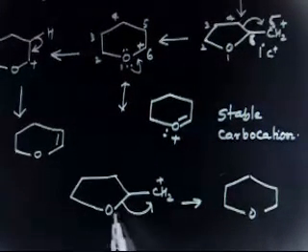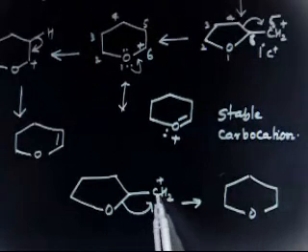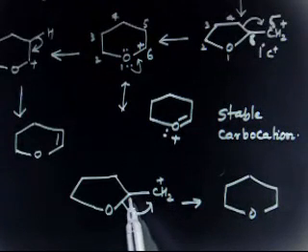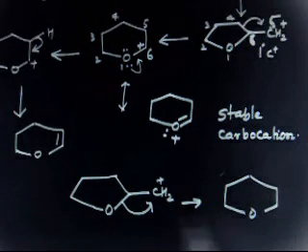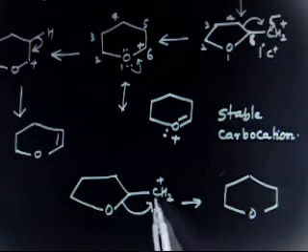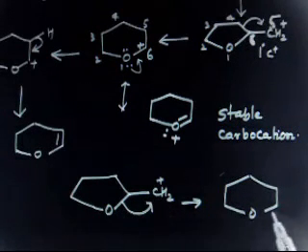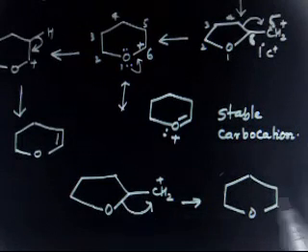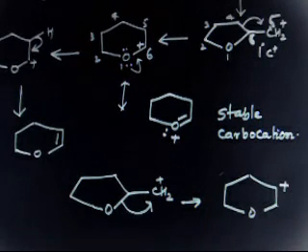Now this oxygen has gone here. So which carbon will have a positive charge? This is my O, and O is connected to CH2. And our next carbon, this carbon will have a positive charge.